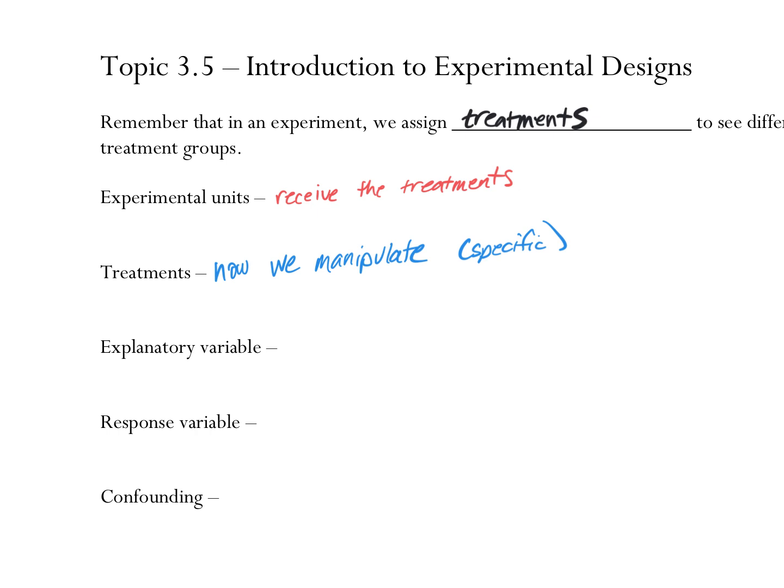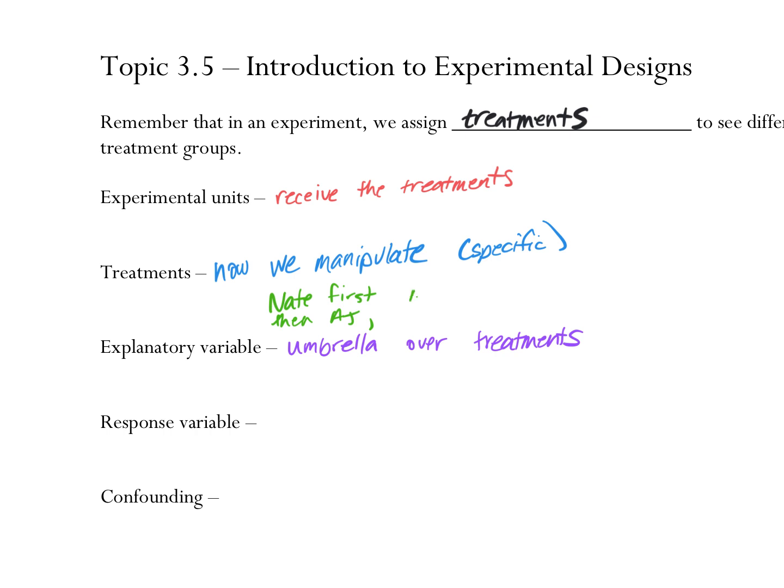The explanatory variable is kind of like the umbrella over the treatments. And here's what I mean by that. Do you guys remember when I did the Nate and AJ experiment where I gave you the names in one order and the other class got the names in the other order? The two treatments were Nate first, then AJ. That was one treatment.